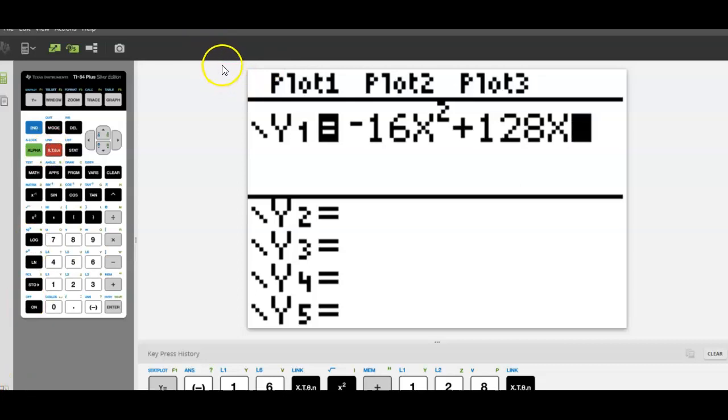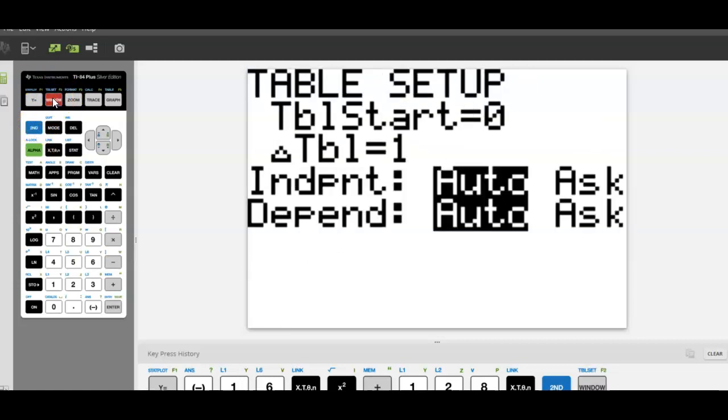All right, now, I have to evaluate this at 1, 2, 3, and 4. So now that I have the equation typed in once, I can use a table to help me evaluate it. When I use a table, when I'm dealing with limits, I like to set it up so I can type in the x value I want. So I do second, and above window it says table set, and you'll see you have these choices.